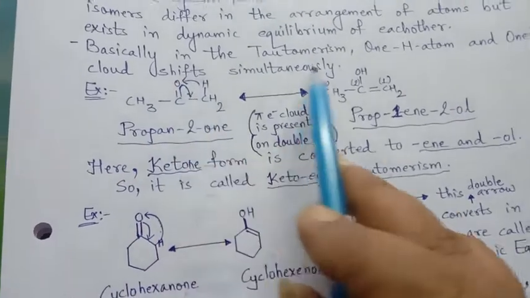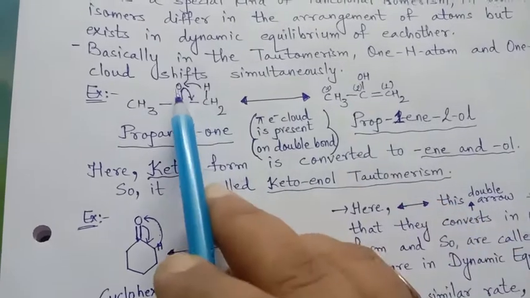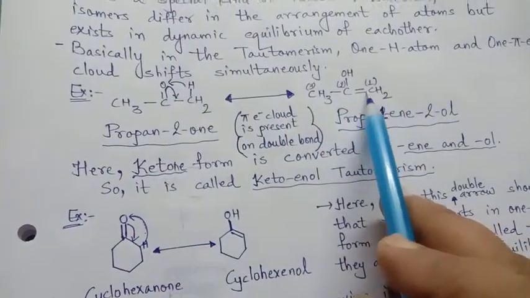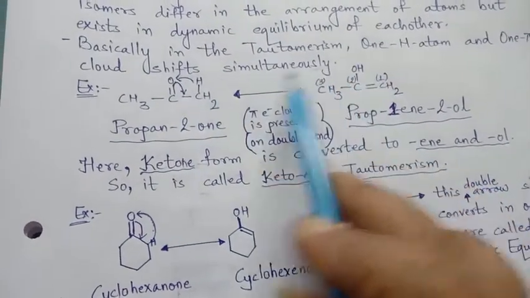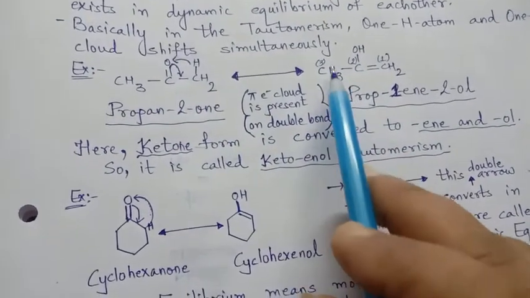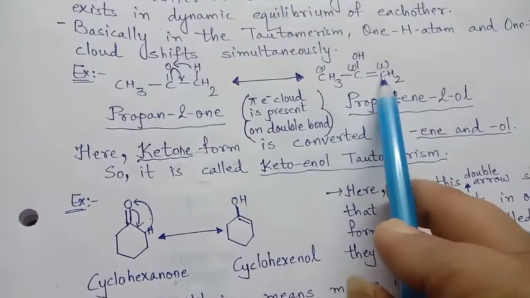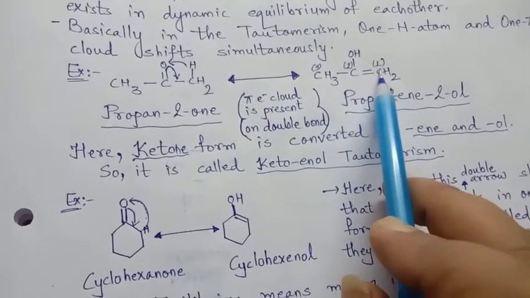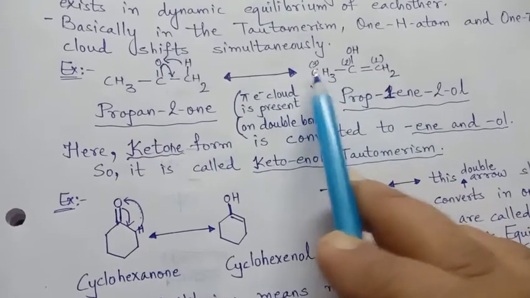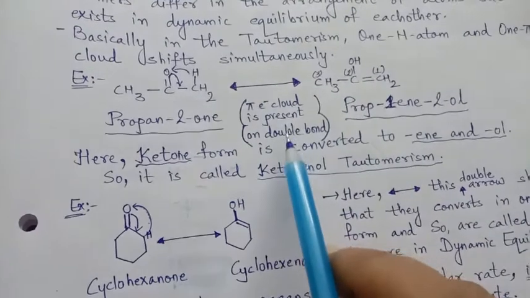So what takes place? CH3, C, this double bond has shifted here. So it is a double bond and H has shifted here, so it is OH. So again, what happened? It remained propane only, 3 carbons. But now there is a double bond here, so numbering will go first to the double bond: 1, 2, 3. So prop-1-en-2-ol. Right?